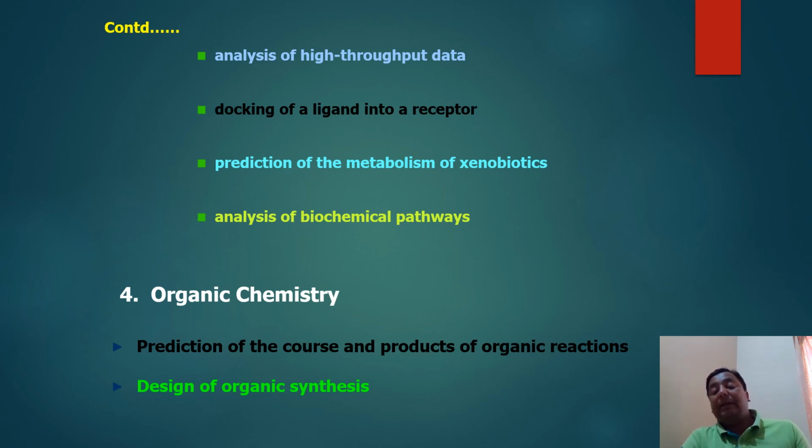Whether those drug compounds are responding reversibly or irreversibly, their mechanism of action we need to understand, and the design of organic synthesis. So how this molecule has come into existence, by which methods, those things we also need to understand.